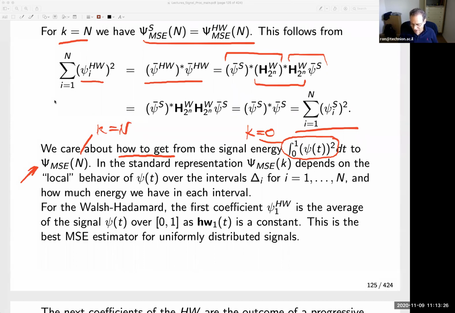Now obviously, if we pick the standard representation, then this should start when that one stops. They capture really well the local behavior of psi, especially at the beginning, and we have to add more and more functions in order to see what is going on at the end of the signal.